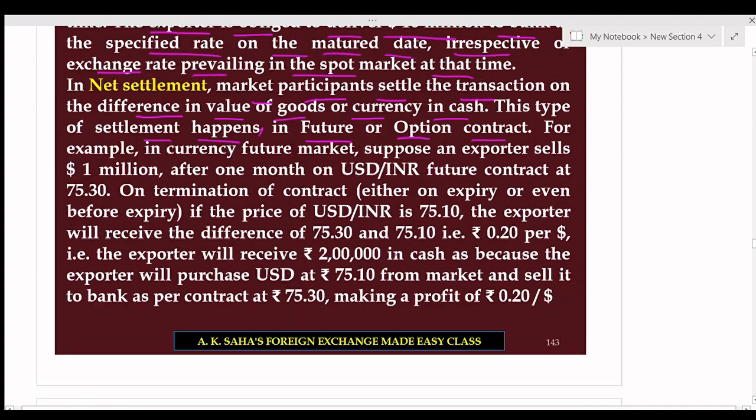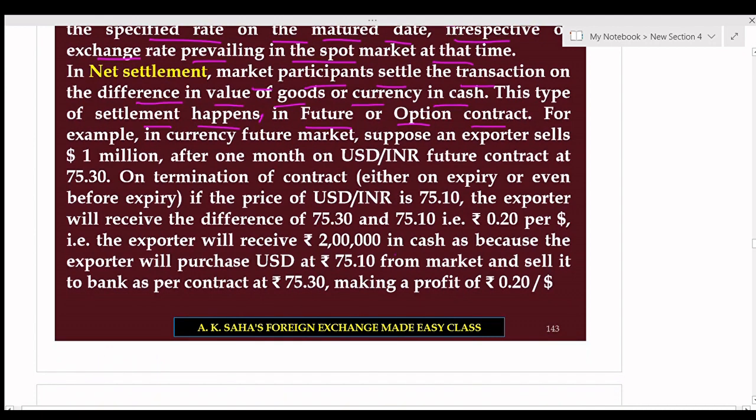For example, in the currency futures market, suppose an exporter sells $1 million after 1 month on a USD INR futures contract at the rate of 75.30.